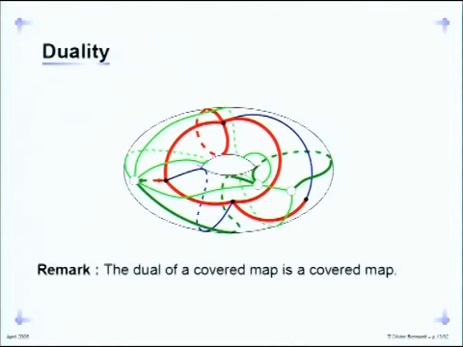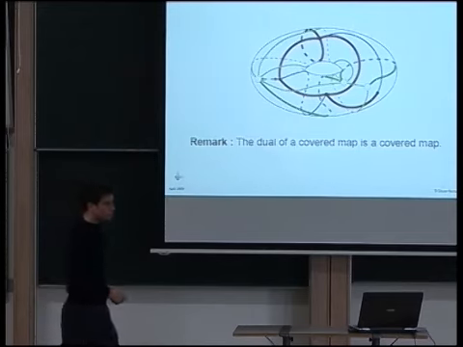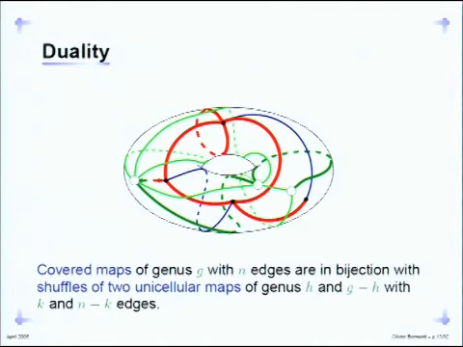If you look here, for instance, the red spanning subgraph is of genus 1, while the green one has genus 0, and 0 plus 1 sum to 1. More precisely, covered maps of genus G with n edges can be seen in bijection with what I call shuffles of two unicellular maps, where the genus is shared and the edges are shared.